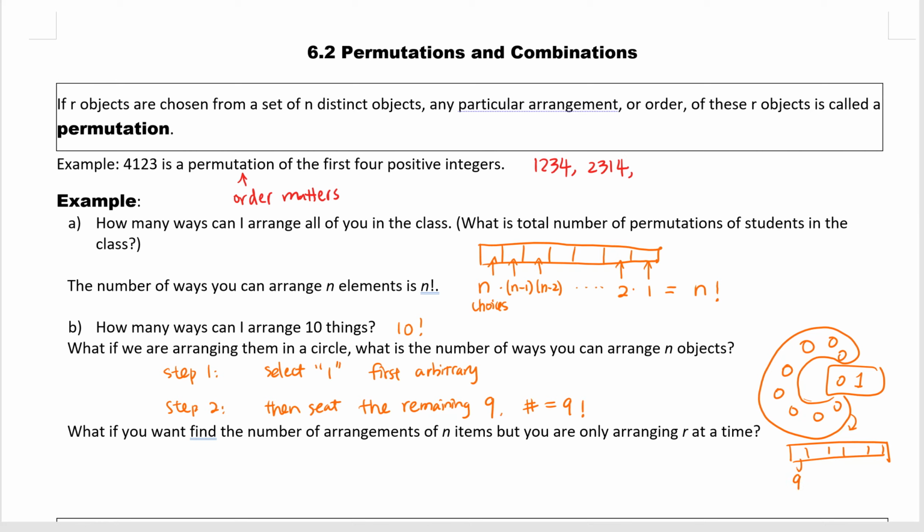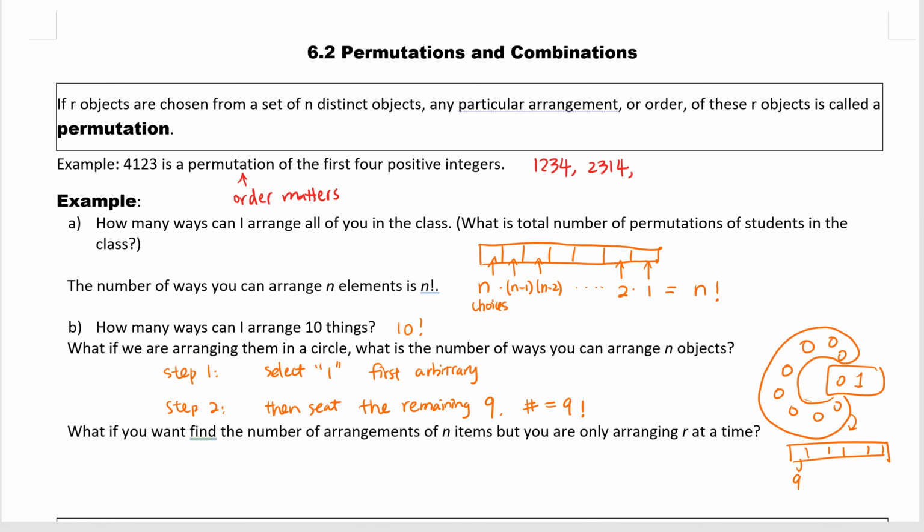Why 9 things? Because we already placed the first one into a spot. And in step 1, when we place the first one arbitrarily, we don't count the number of ways. Why is that?